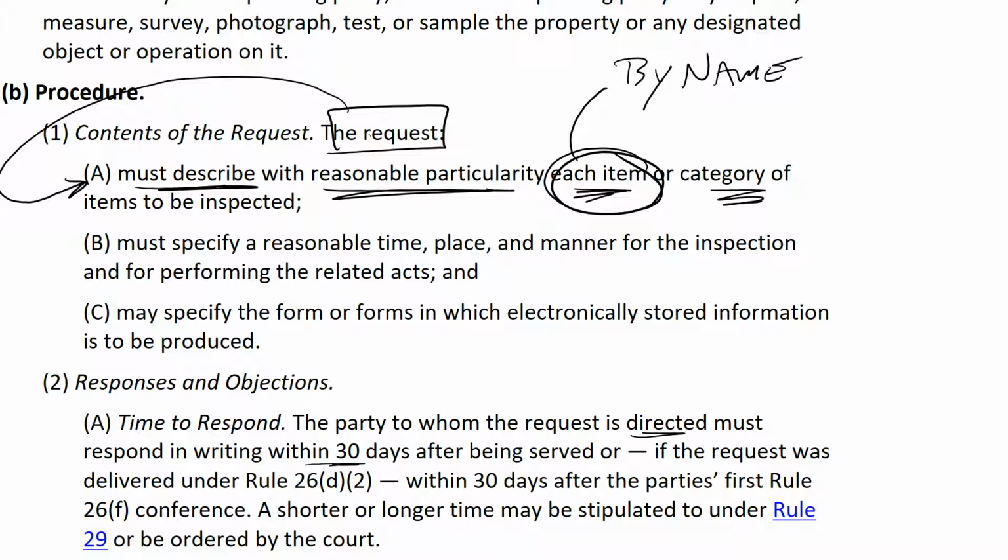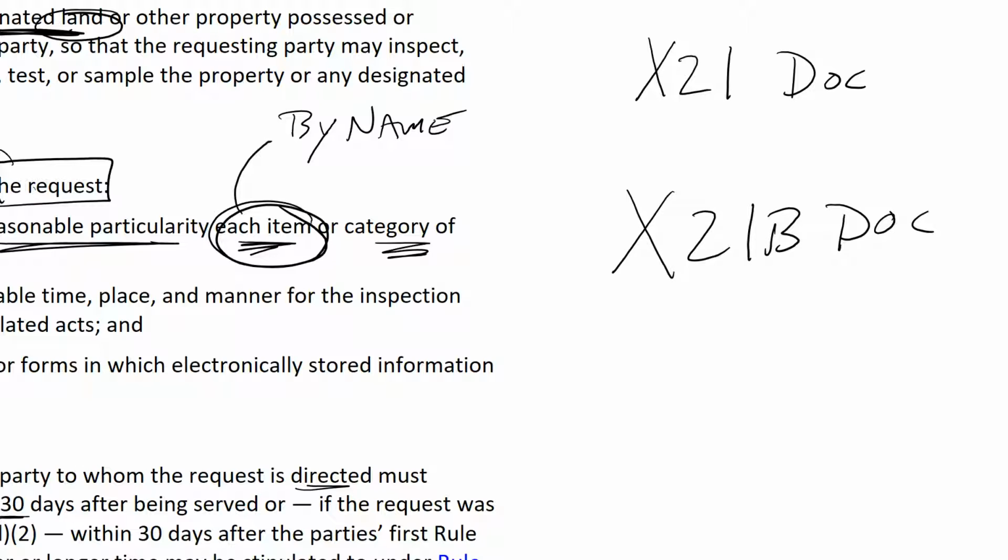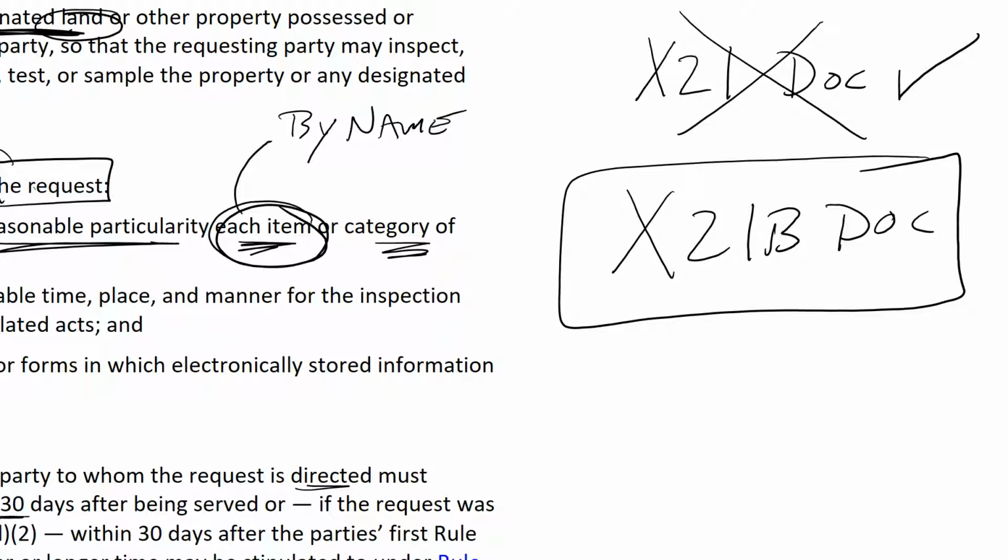But you want to be careful here. What if I think that the document I'm looking for is the, we'll just call it the X21 document, all right? And there is no such thing as an X21. What I should have requested was the X21B document, right? Well, if I request this and the recipient of the production request doesn't have that, they have this, they might just not give me the X21B document because I haven't requested it.